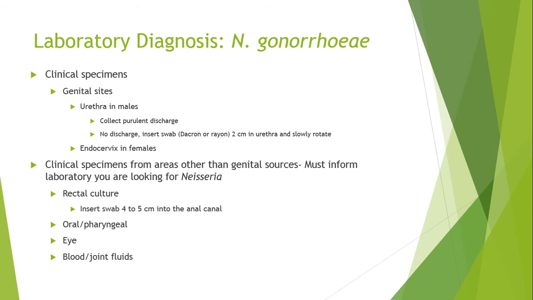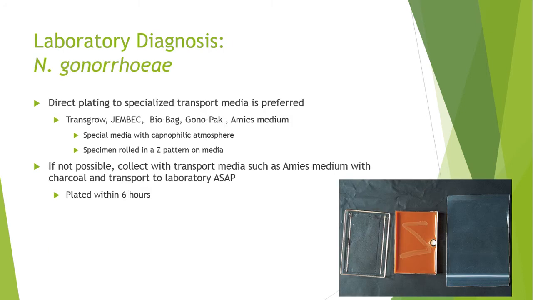If it's from one of these other sites, they should notify the laboratory, because it's not common. We're going to talk about some selective media that we use to grow gonorrhea. It's not common to use this selective media from a throat culture or an eye culture. So it's important that we're notified if they do suspect this organism so we can add it to the routine media. Now, genital sites, we're always going to set up something that will isolate gonorrhea.